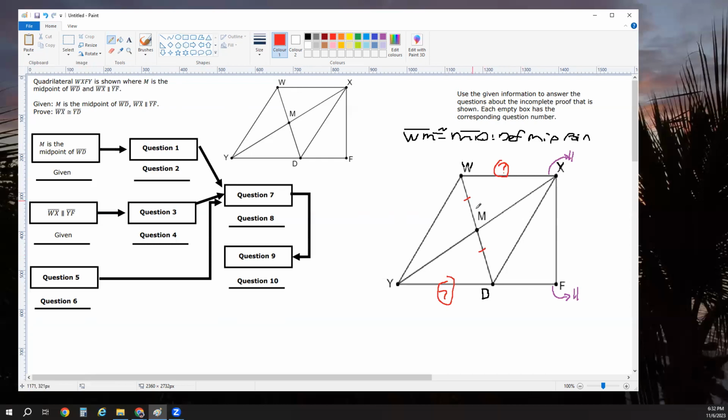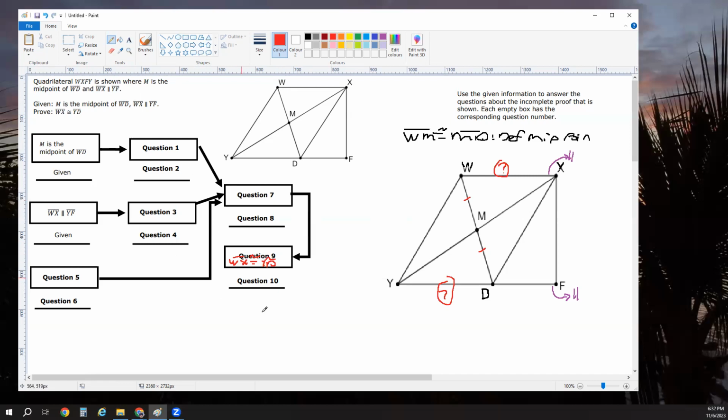And if I can prove that these two triangles are congruent, well, then I can say that these two lines, WX and YD, are congruent.